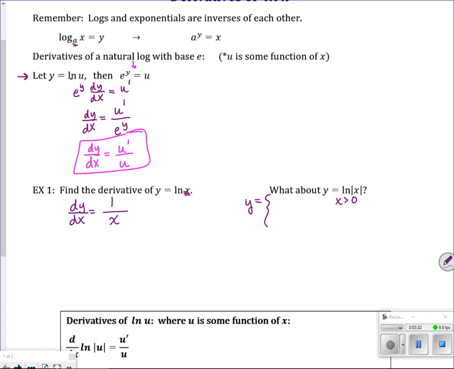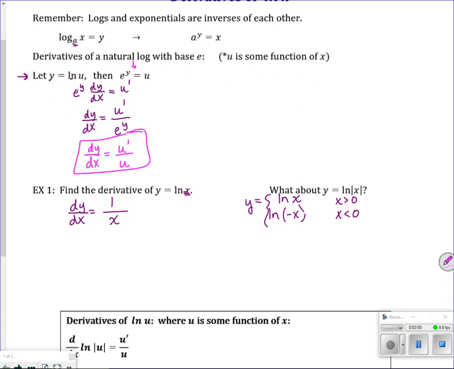But with the absolute value, the only thing that's troubling me is 0 itself. So if x is positive, those absolute values aren't doing anything, and my function would just be natural log of x. But if x were less than 0, like -2, then of course that absolute value would change the sign, so I could write that as the natural log of -x.